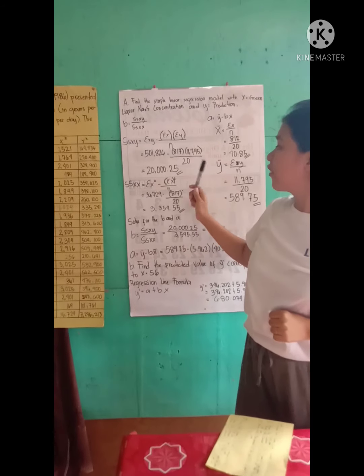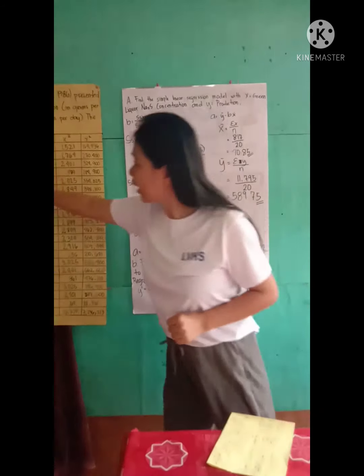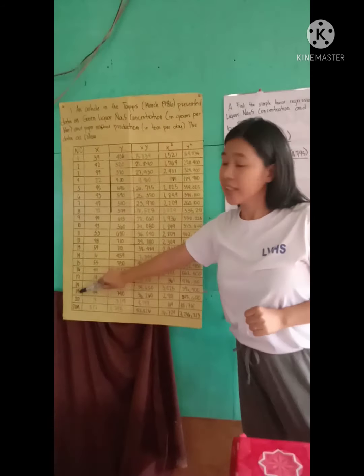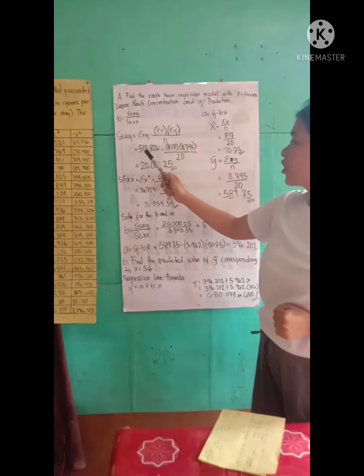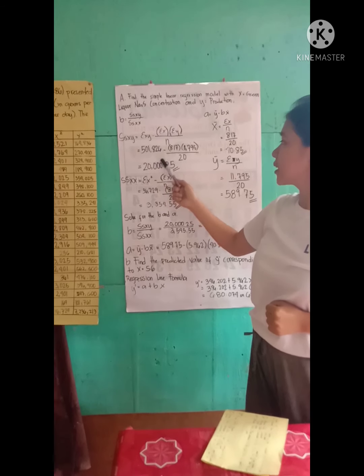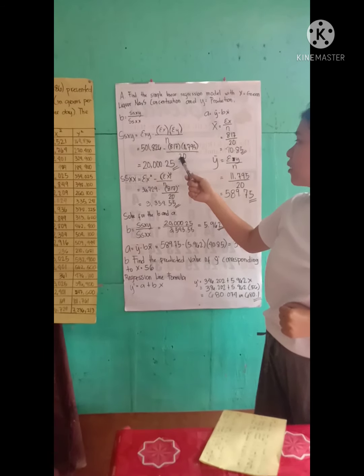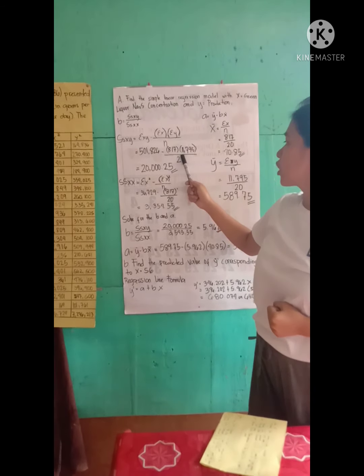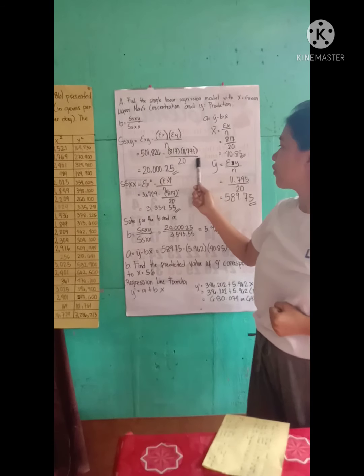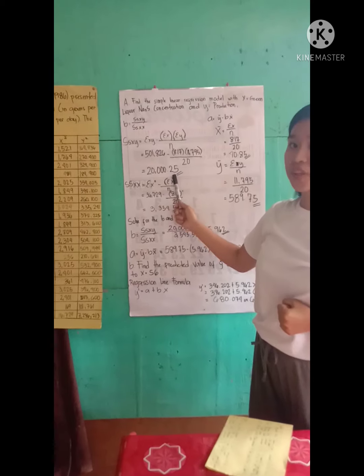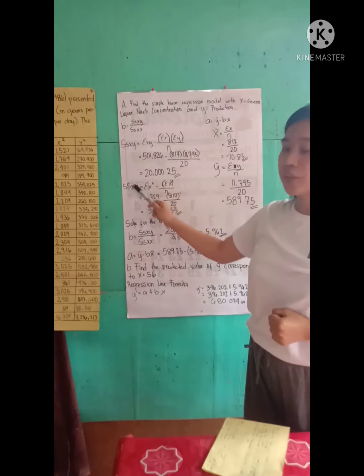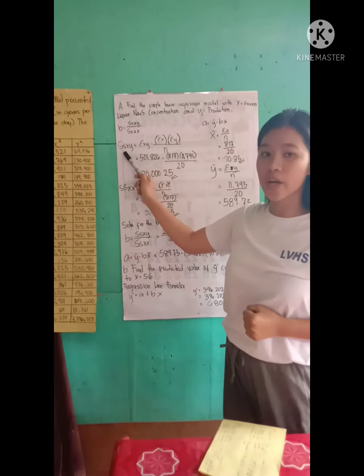Why did I divide by 20? Because we have a total of 20 numbers indicated in the table. So 501,826 minus 817 multiplied by 11,795 divided by 20 is equal to 20,000.25. So we already have the value of our summation of square xy.